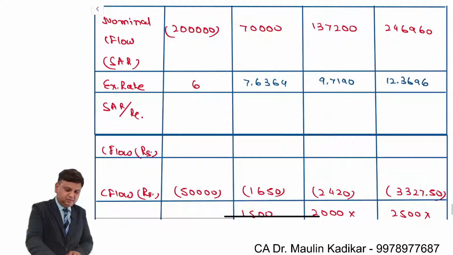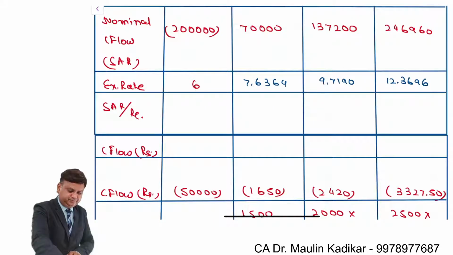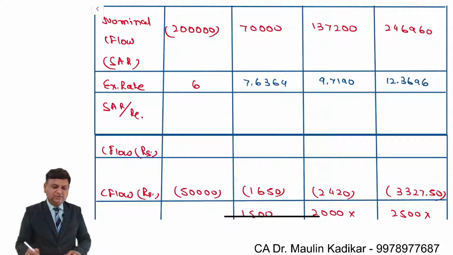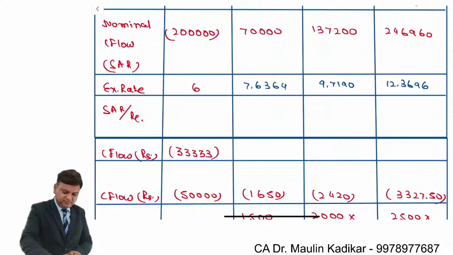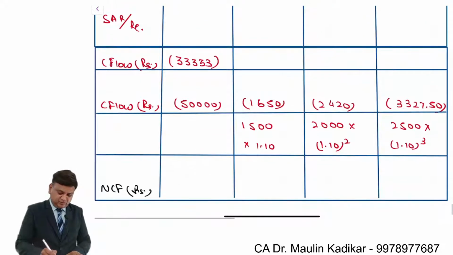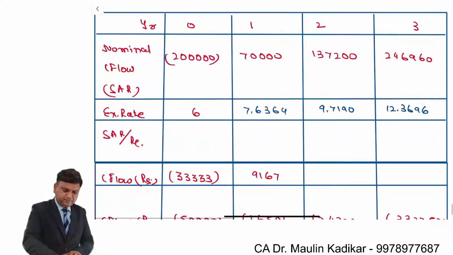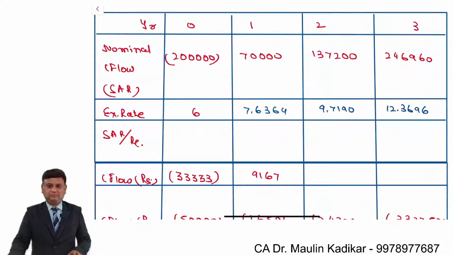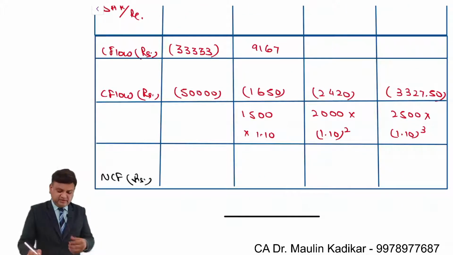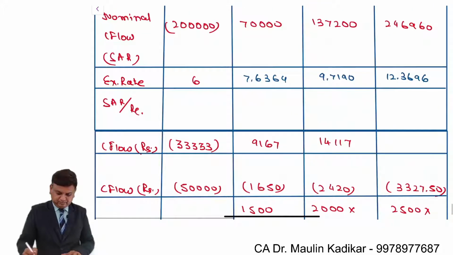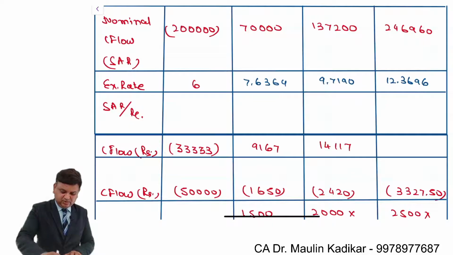Cash flows in the rupees term will be 2 lakh upon 6, 33,333 outflow. 70,000 upon 7.6364, 9167 inflow. 137,200 divided by 9.7190, so 14,117. 246,916 upon 12.3696, 19,965.